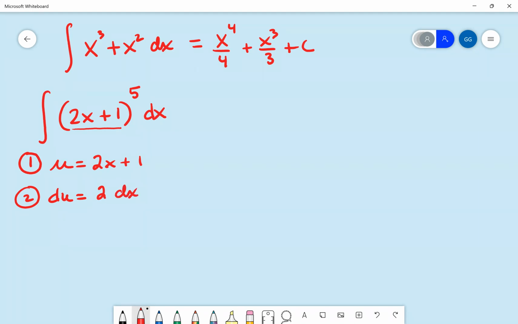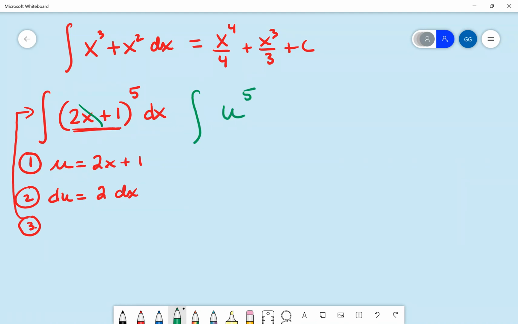So simply put, so far, you choose U to be the inside of your quantity. You take the derivative of U with respect to x in the second step. And now the third step is where it gets a little tricky. We are actually going to return back to the integrand and convert all of that in terms of U. So I know already that this will become U to the 5th.